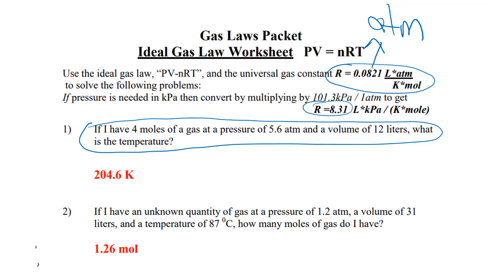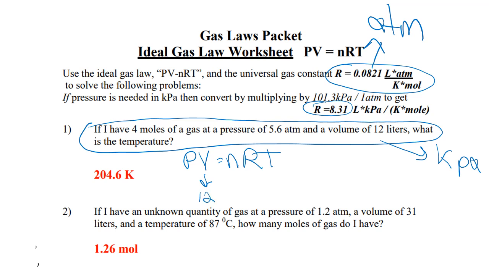We use 8.31 when it's in kPa. And so I'm just going to write PV equals nRT. This isn't going to be too tough because I'm just introducing it to you.